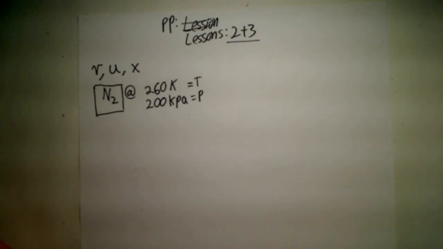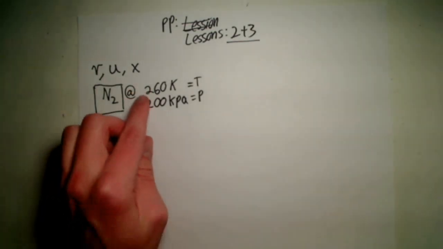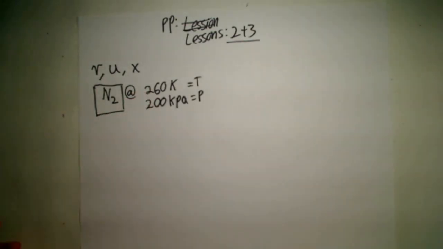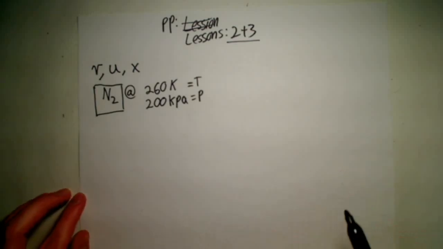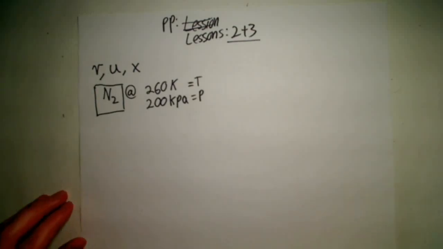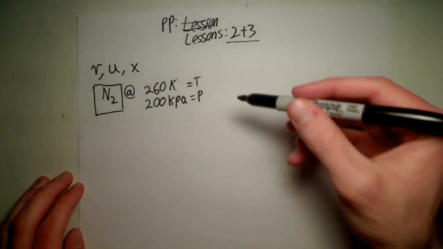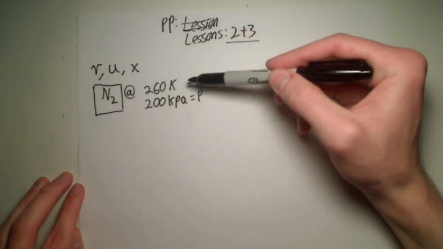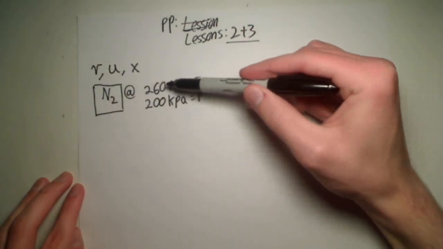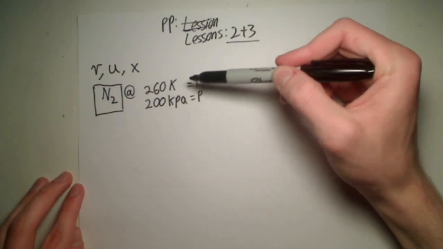So I would start this search trying to find these two values matching up in a superheated table. If you do look up these values in a saturated table, you won't find a matching pair. In fact, nitrogen can never be 260 degrees Kelvin and be saturated.